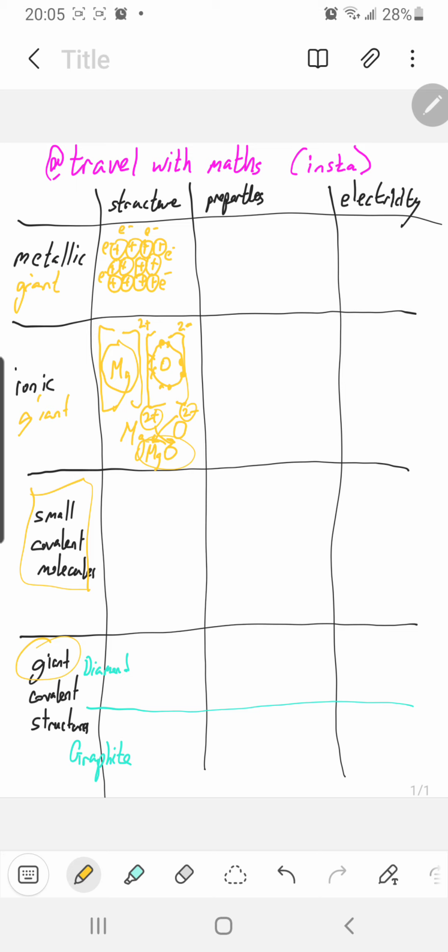Right, small covalent structures. These are the Venn diagrams. So let me do iodine. Iodine has 7 electrons in its outer shell.